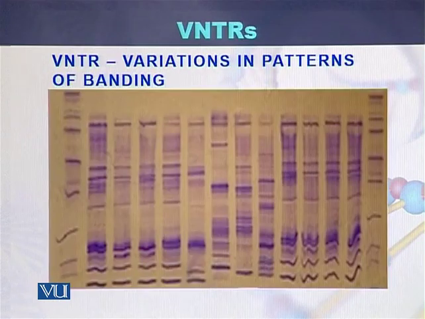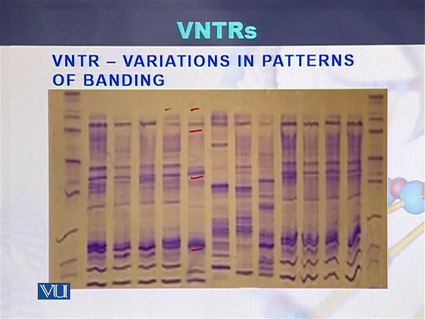So this is the diagram where we can see the variation in patterns of banding. Here we can see the banding patterns of different individuals, and the banding pattern is different in each lane. If we take the example of this individual, here we can see one band is here, second band is here, and the third band is here.